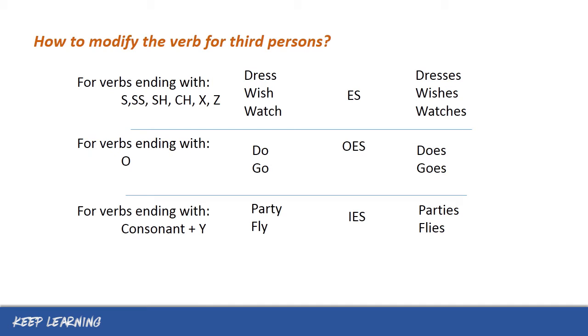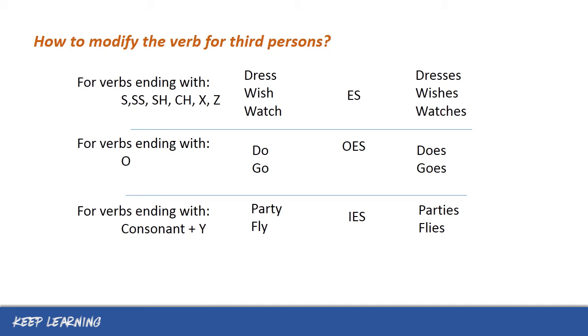If you have verbs that end with o, like do or go, you add es too, so you have oes, and that's why you say does or you say goes. If you have a verb that has a consonant and a y, like party, the verb, you change the y for ies and you have parties.